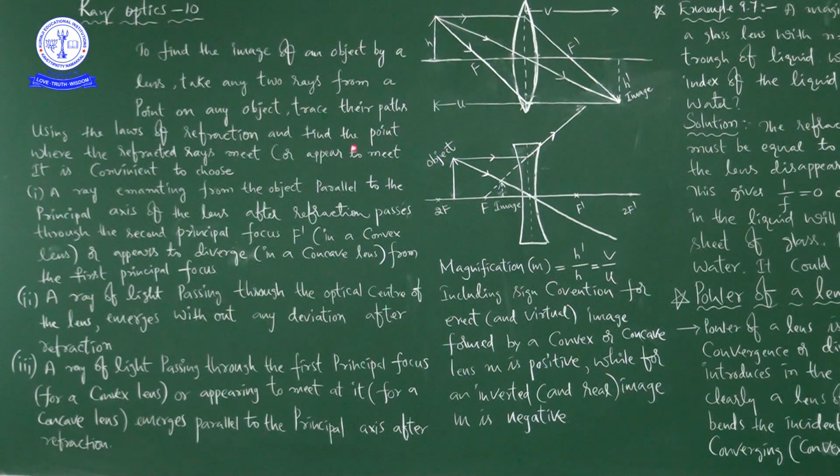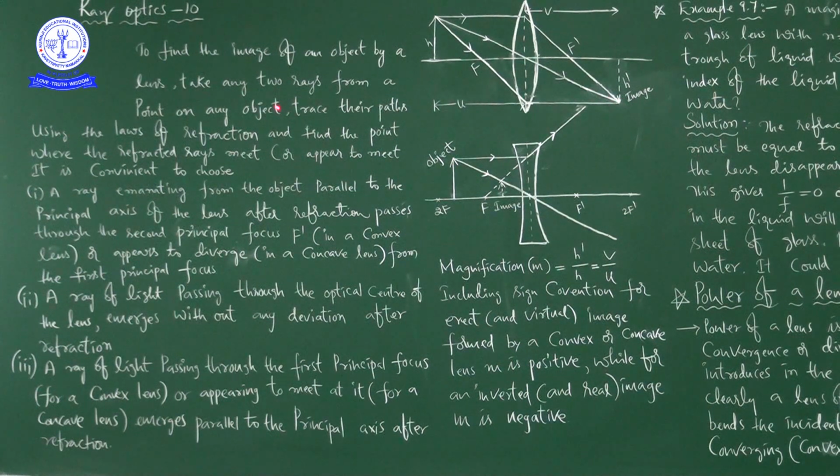So what he is saying, to find the image of an object, for example it is the object, this is the image, right? So to find the image of an object by a lens, take any two rays. I already told you, from that object not 2 or 3 rays are coming, hundreds, thousands, lakhs of rays are coming. From each and every point of the object, light rays are coming which are going to meet at a single point to give the image.